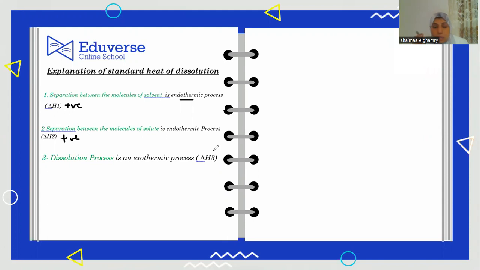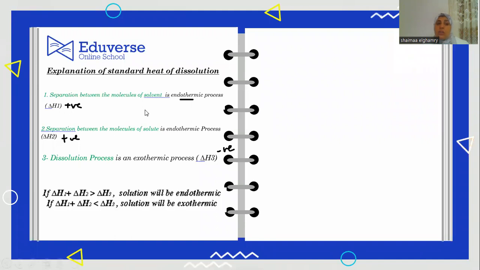This combination represents an exothermic process. So delta H3 will always have a negative value because it represents an exothermic process.